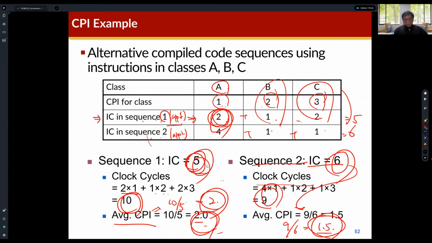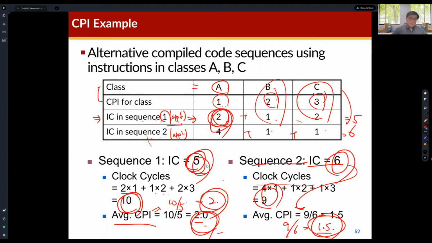The CPI is influenced by the software part because different software includes different fractions of instruction classes, like these instruction classes A, B, and C. Different instruction classes may have different CPI values, like in this example, and different programs will have different fractions of these instruction classes.